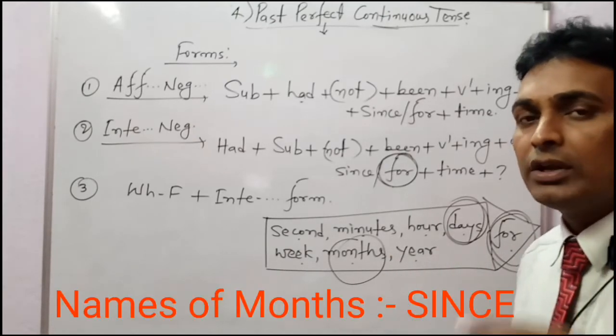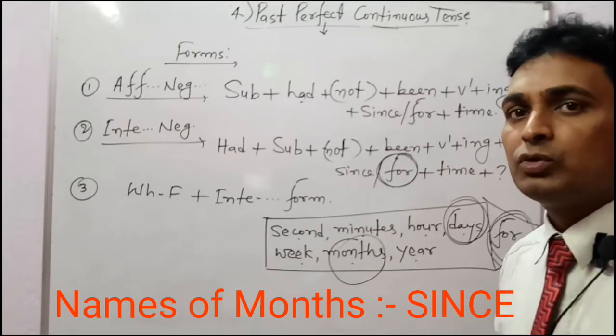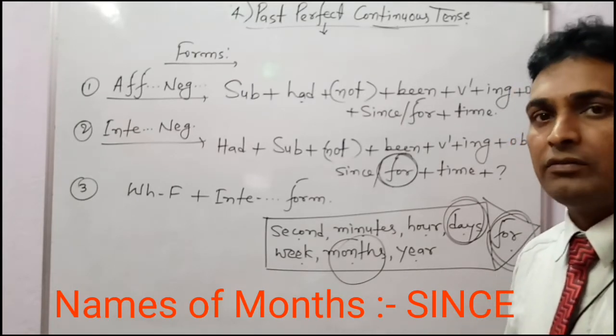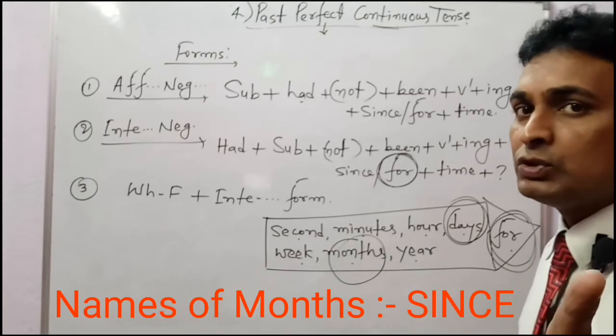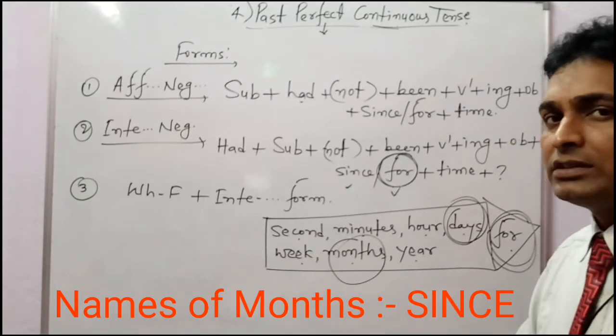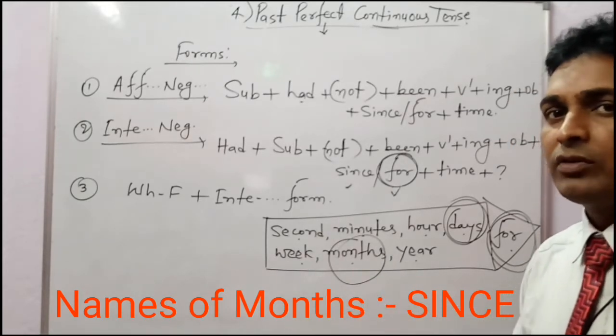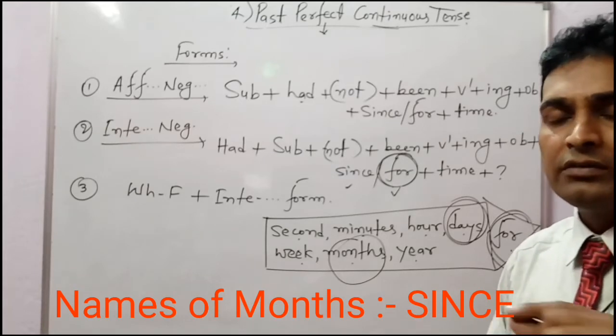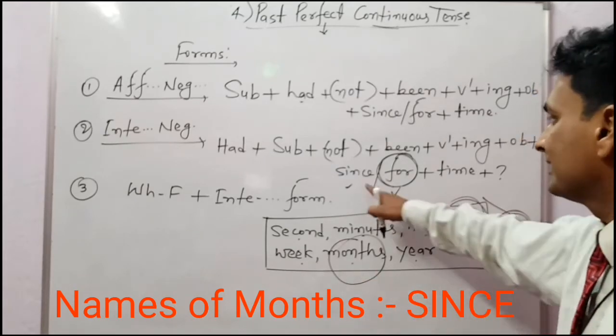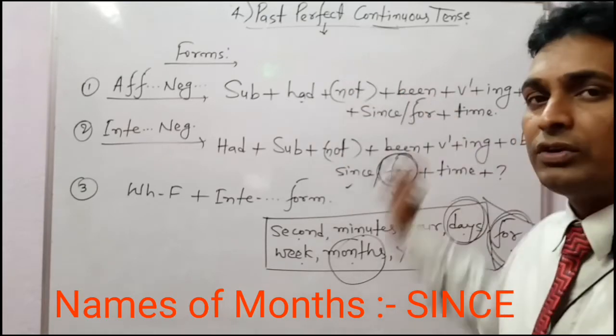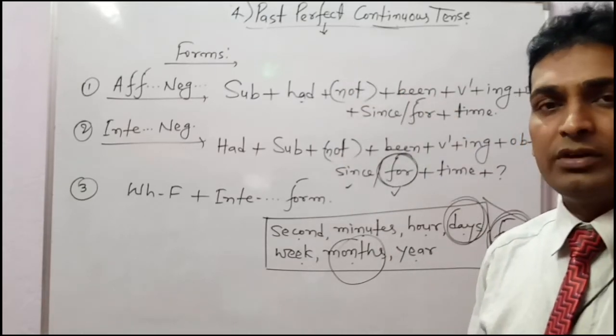But in case of names of months, from 12, January, February, March, April, anyone, right, what you have to use? And students, this is the easiest way. With the help of that, you will never ever make mistakes while using since and for in the perfect continuous tenses, right? I hope you have got it.